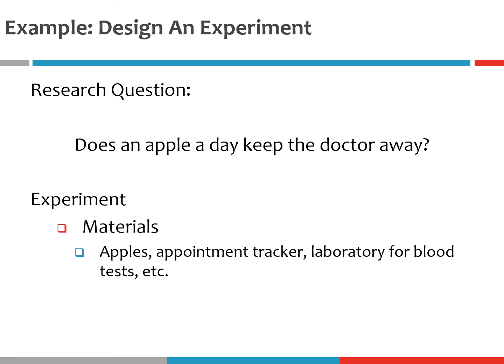We would need some means of tracking our participants' appointments without, of course, violating HIPAA. So we would want a way to track that, maybe online or electronically. And then obviously we would need, if we weren't doing the literal definition, right, and we were instead looking at general health outcomes, we would want to have a laboratory in place that could conduct the blood test to see what those health outcomes are, and maybe a scale to weigh our participants to determine BMI, etc.